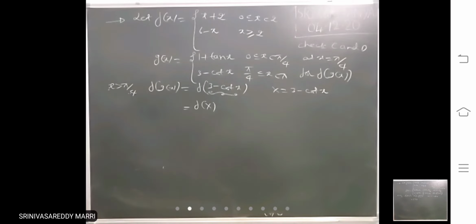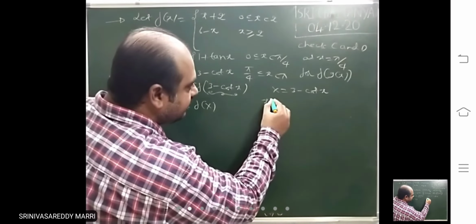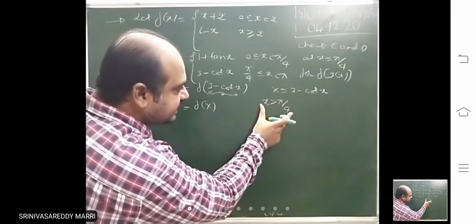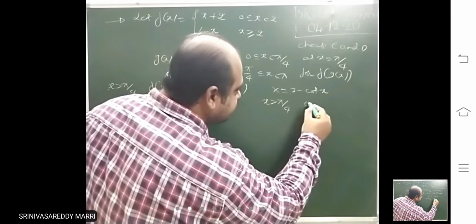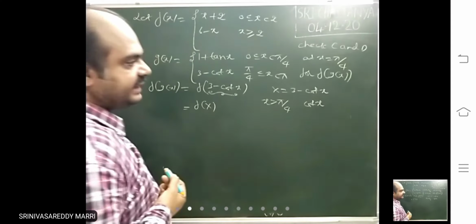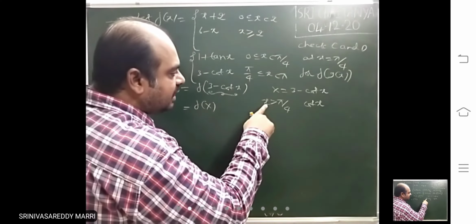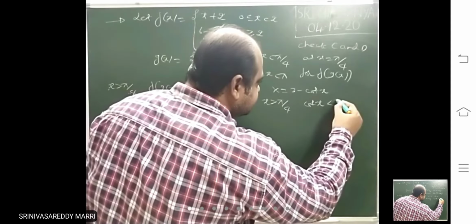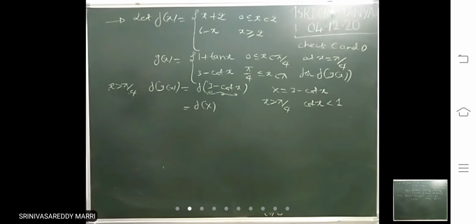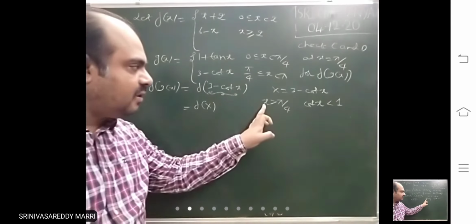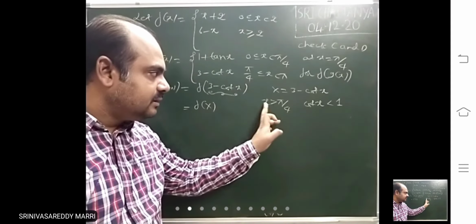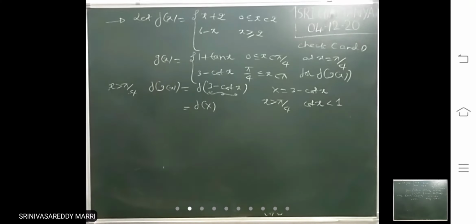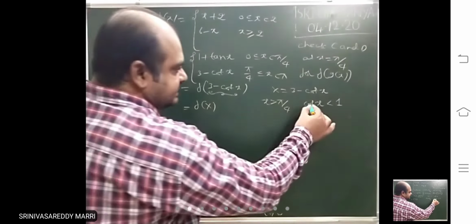How will capital X be when x is greater than pi by 4? Applying cot on both sides, whenever you apply cot, the inequality reverses, so cot x is less than 1.